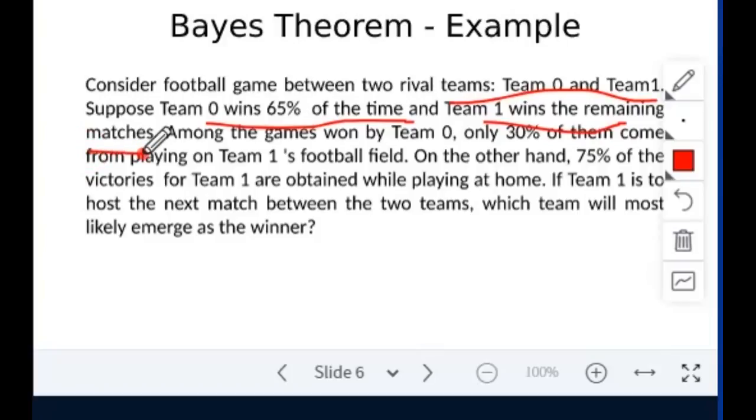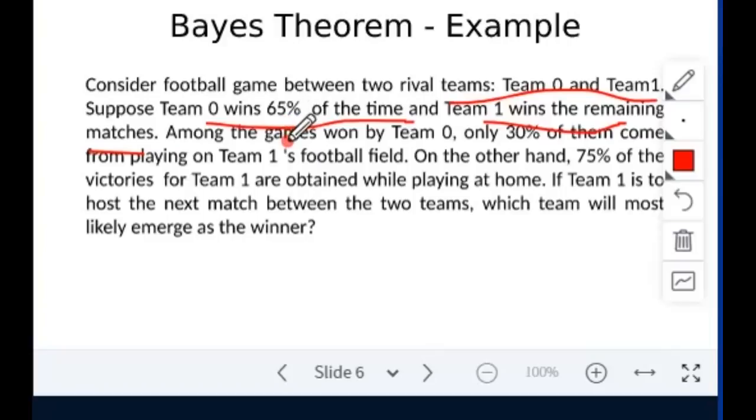Among the games won by Team 0, only 30% of them come from playing on Team 1's field. Please understand this. Team 0 wins 65% of the time, Team 1 wins the remaining matches.